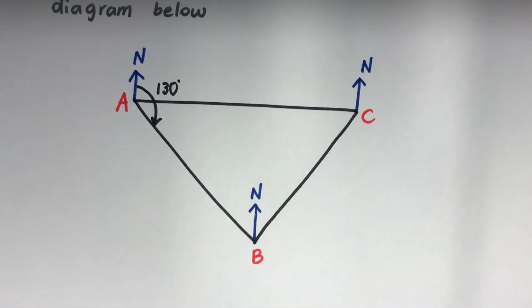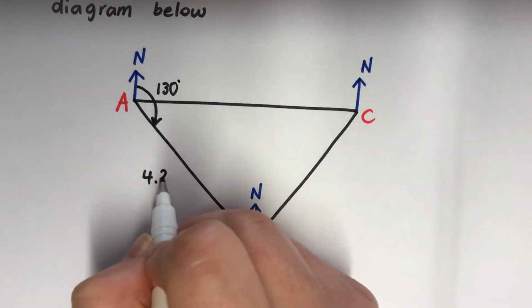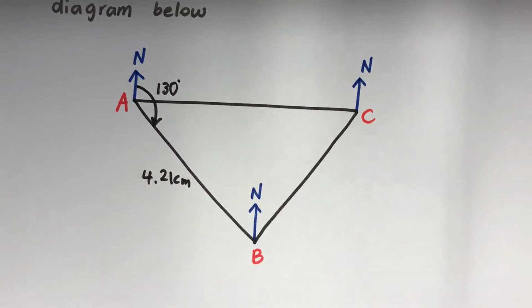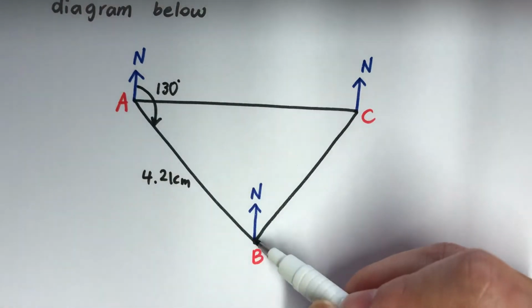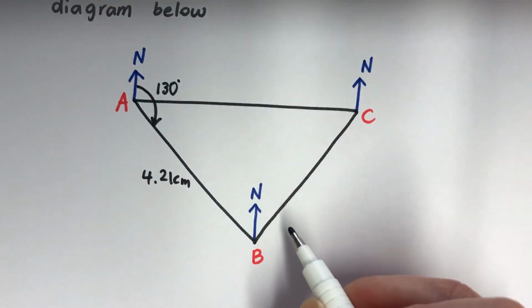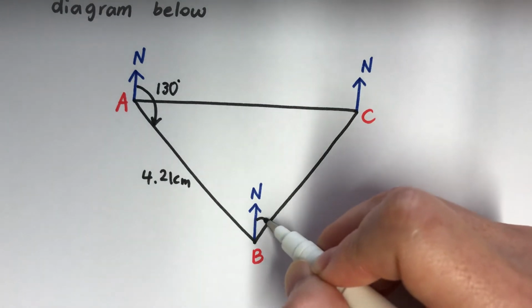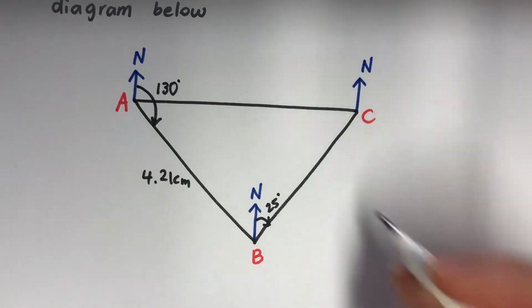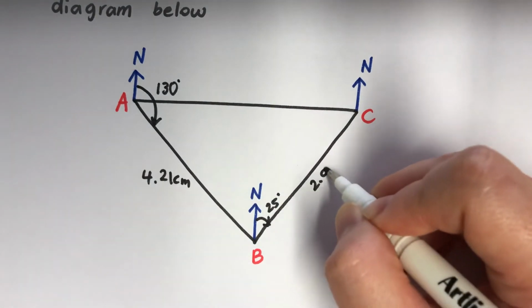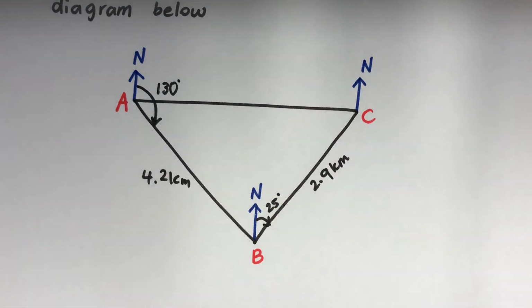And then it says for 4.2 kilometers, okay? And then it turns and travels to C, on a bearing of 25 degrees, okay? And it's going for 2.9 kilometers. All right, so that's all the information we need to put in.